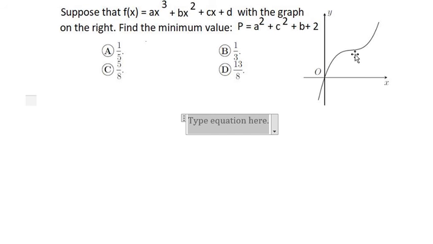If you look carefully, we have one critical point in here. So we need to first take the derivative of the function. And we get 3ax to the power of 2 plus 2bx plus c.